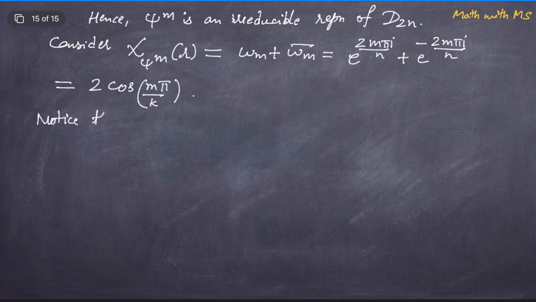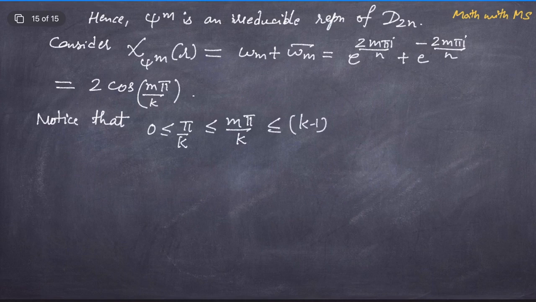Notice that m pi by k is bigger than or equal to pi by k, which is of course bigger than or equal to 0, and this is less than or equal to k minus 1 pi by k, which is of course less than or equal to pi.